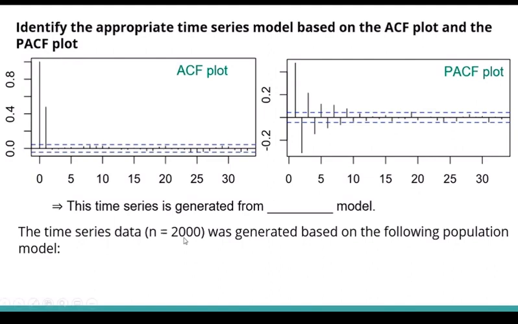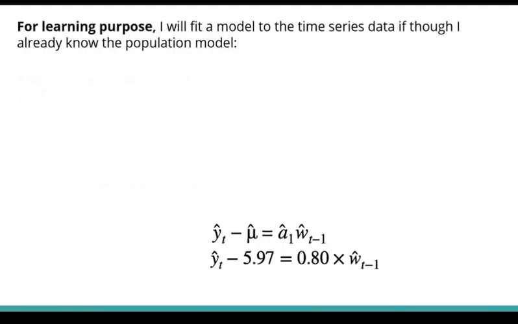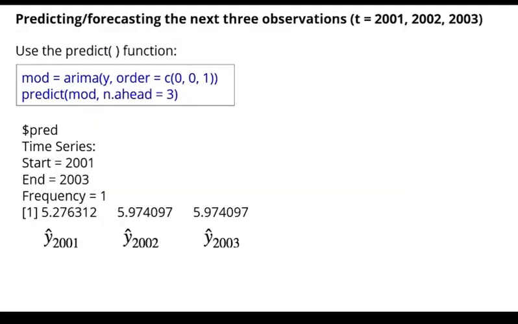I may want to predict three values ahead, which means predictions for 2001, 2002, and 2003. This is going to be the code. Since I'm predicting three values ahead, I write predict(model, n.ahead = 3), and automatically you're given these three results.